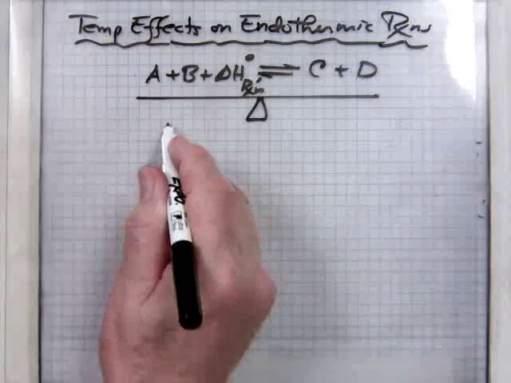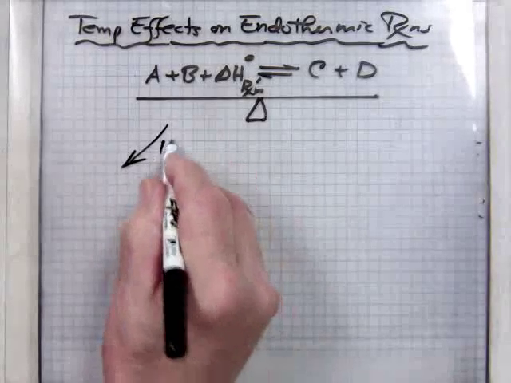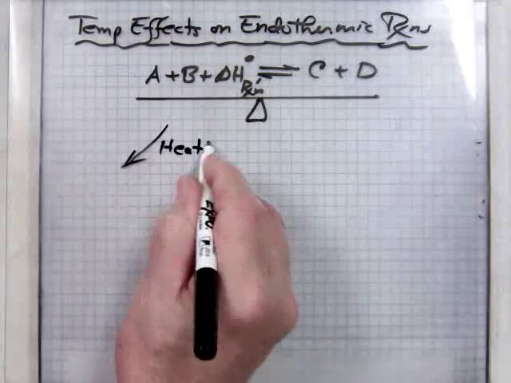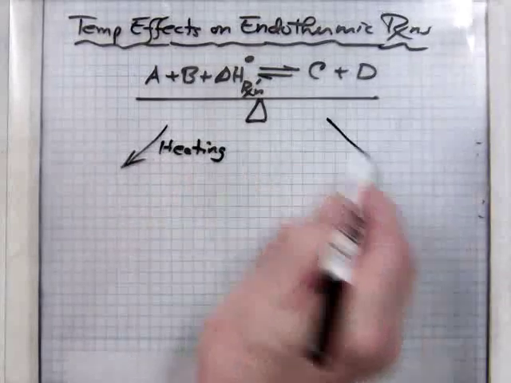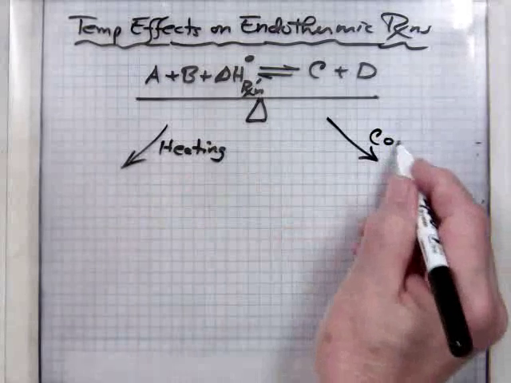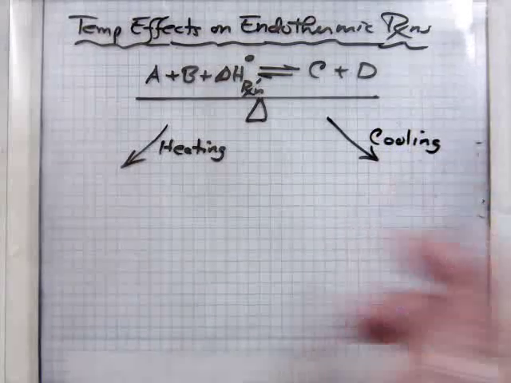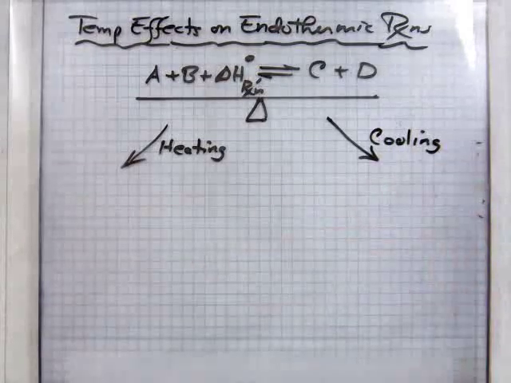So on the left side, we're dealing with heating, and on the right example, cooling. We're running the reaction at a lower system temperature, or you're running the reaction at a higher system temperature.